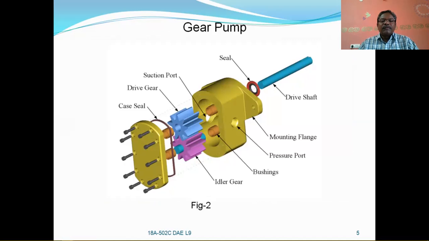The different parts are the suction port, drive gear, case seal, idler gear, bushings, pressure ports, mounting flange, etc. All of these are driven by the drive shaft.